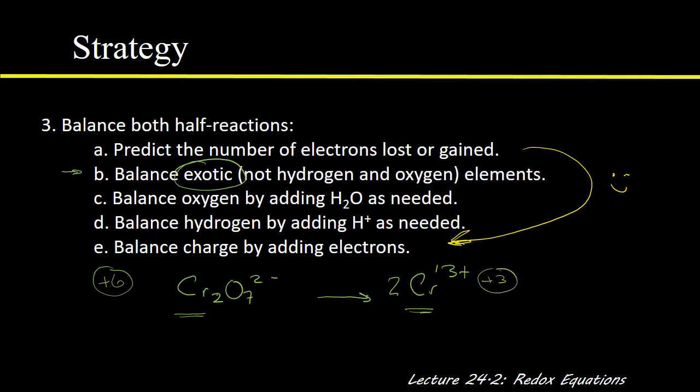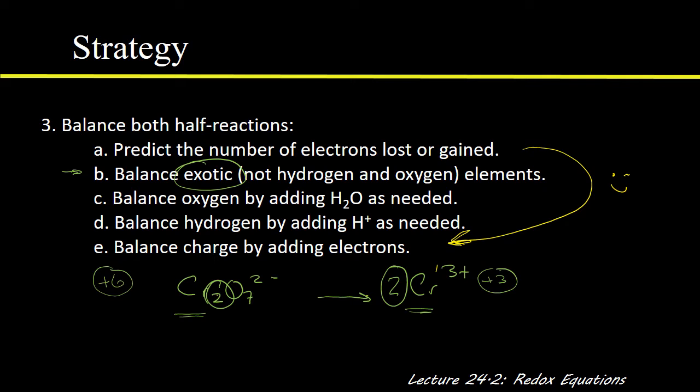You would predict, I hope, that that is a 3-electron process and that the reaction ought to have 3 electrons in the balanced equation. When you get to the end, you're going to find in this case you've actually got 6 electrons in the balanced process. And the reason you have 6 is because you've got 2 chromiums.